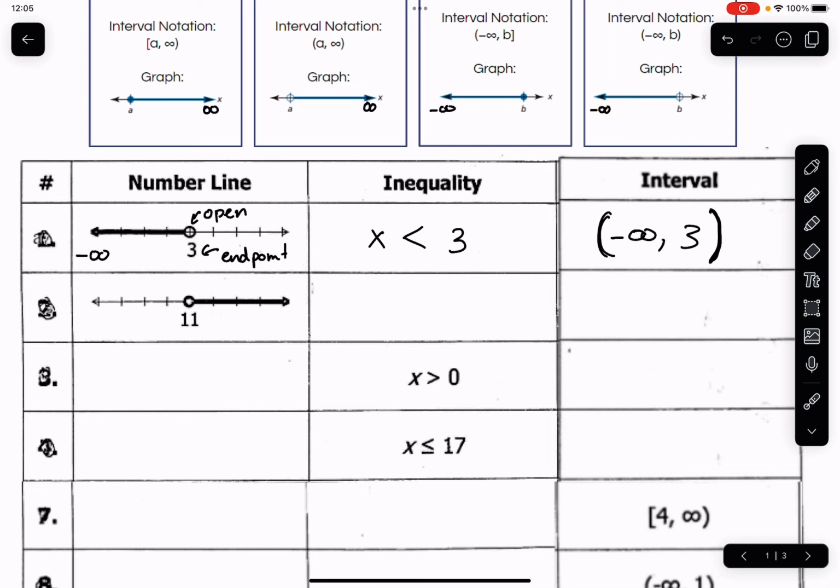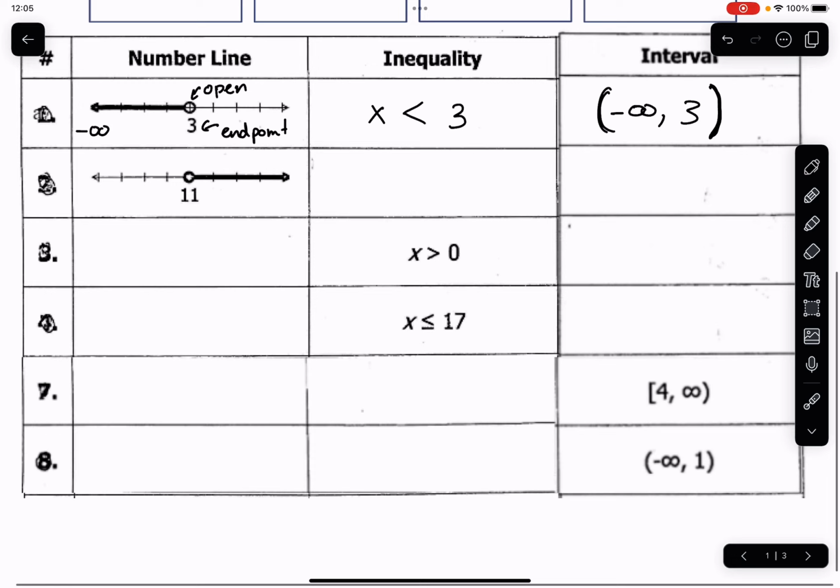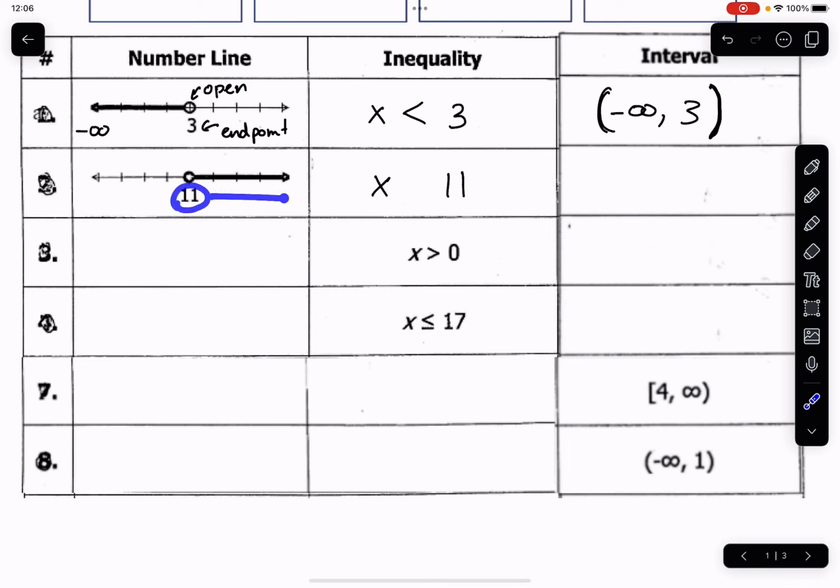Let's do the second example. Second example, notice that 11 is your endpoint. So we're going to have x and 11 for the inequality. And to determine if we're going to use the less than symbol or the greater than symbol, we have to look at the direction that we're pointing at. So from 11, we are pointing towards the right, towards positive infinity.